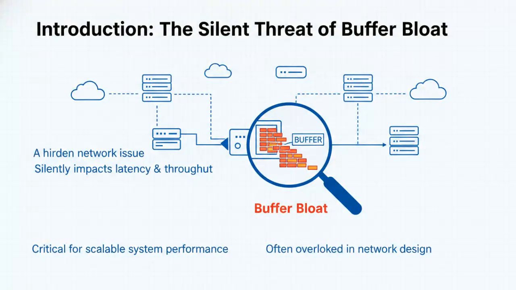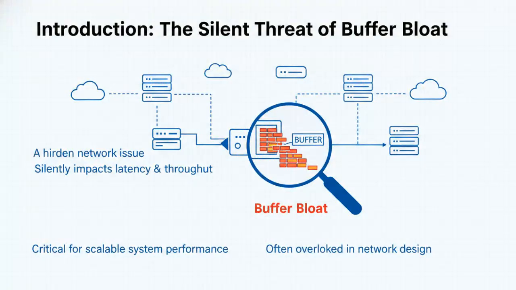This waiting time directly translates into increased latency, even when there's available bandwidth. Imagine a highway with too many lanes leading to a single toll booth. Cars might not be crashing, but everyone is stuck in a long, slow-moving line. That's buffer bloat, congestion that manifests as latency rather than outright packet drops.